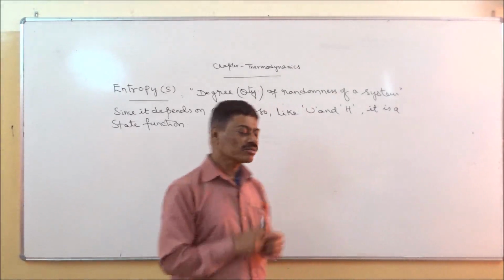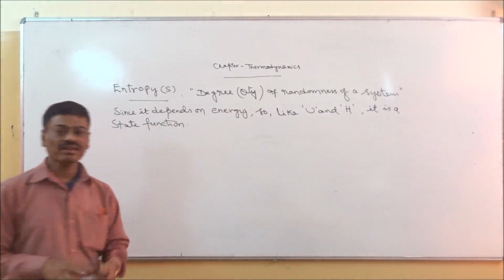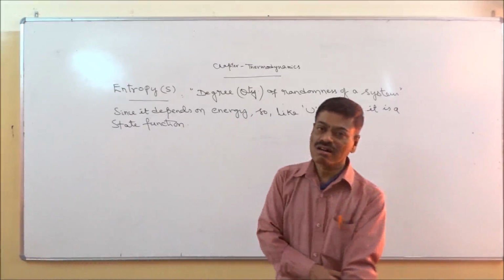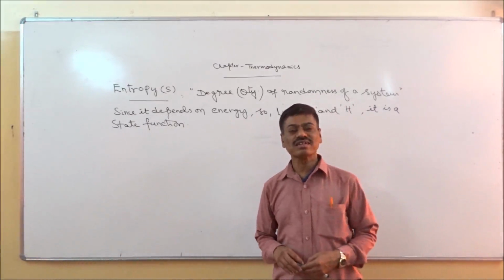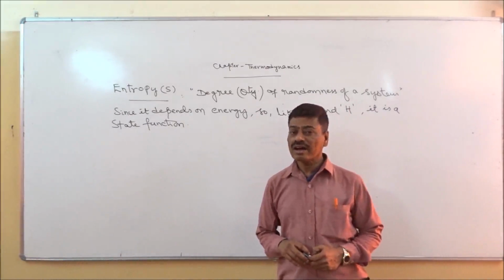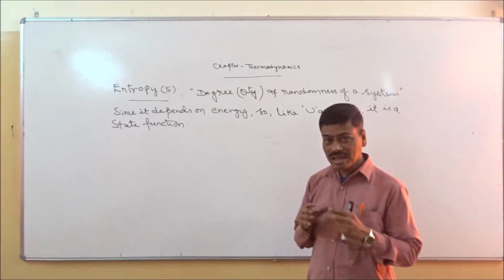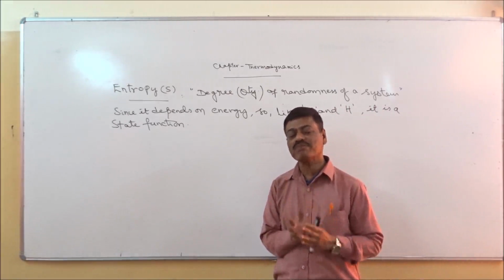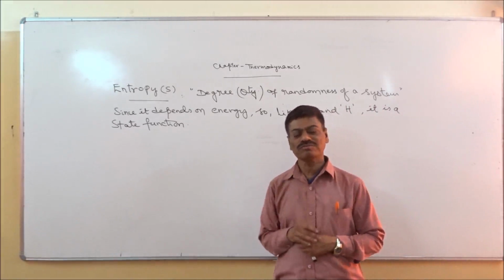Now, as long as air is there in the balloon, all the molecules are lying very close to each other, and the degree of randomness, meaning the kinetic energy of those molecules, is restricted very much within that balloon.